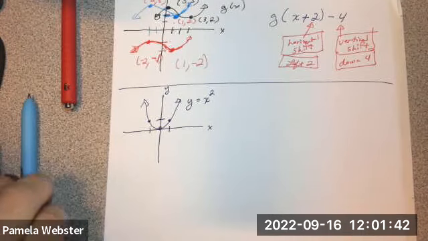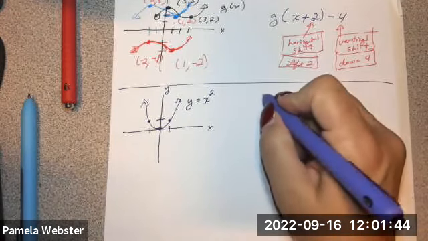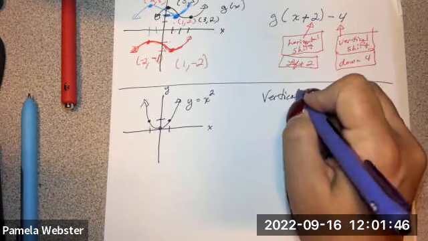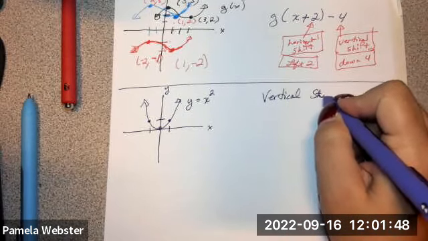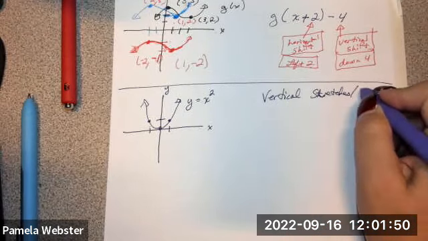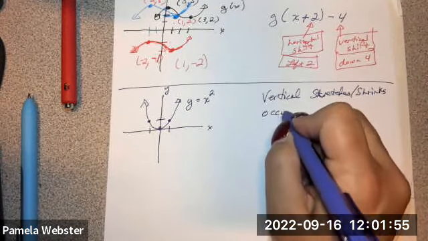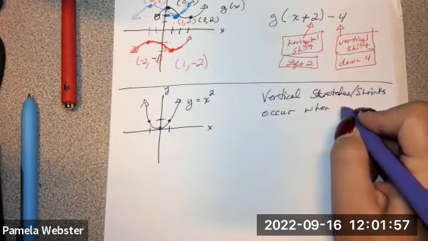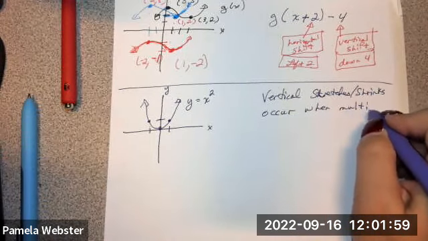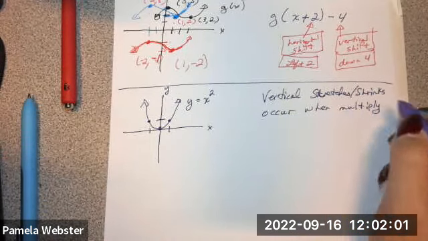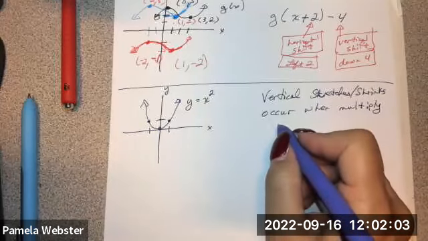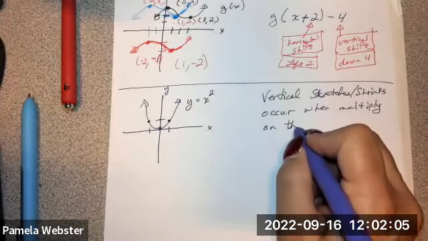So here it goes. We got vertical stretches and shrinks. Stretches and shrinks occur when I multiply, and we could say divide, but I'm just going to say multiply because we can multiply by a fraction, right? If we need to divide, on the outside of the function.